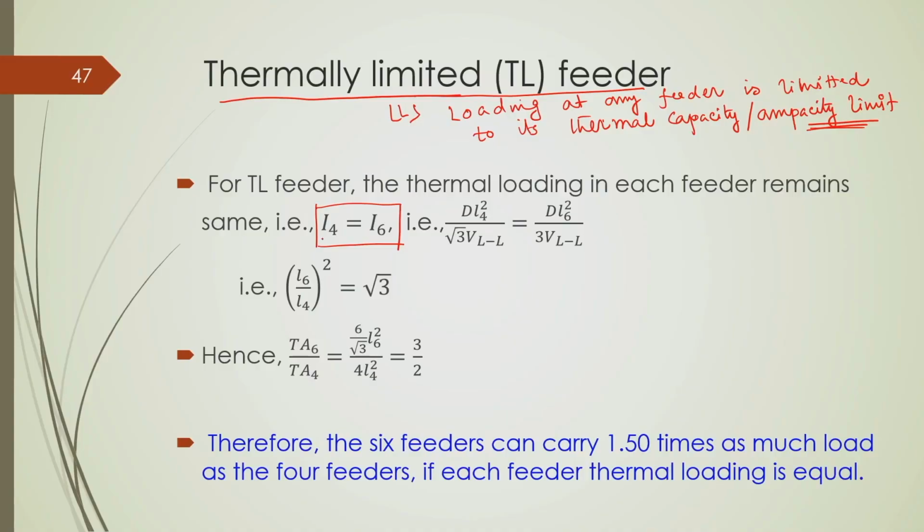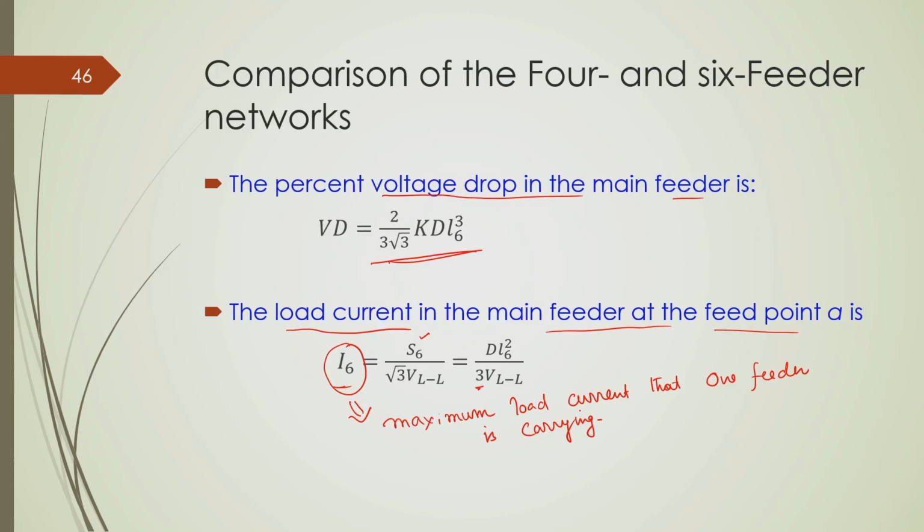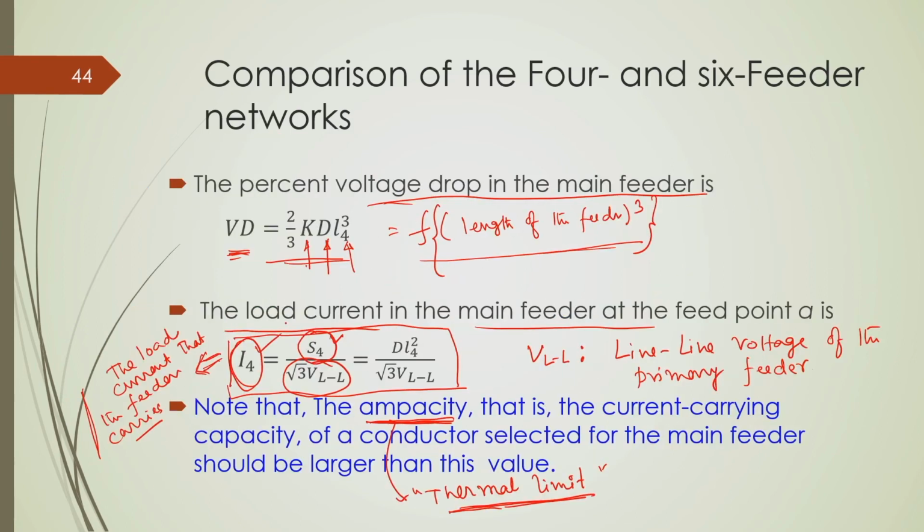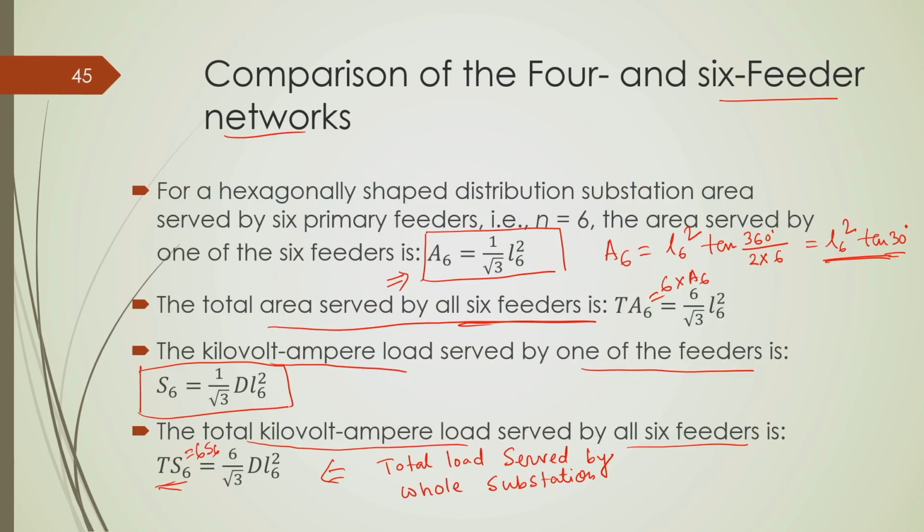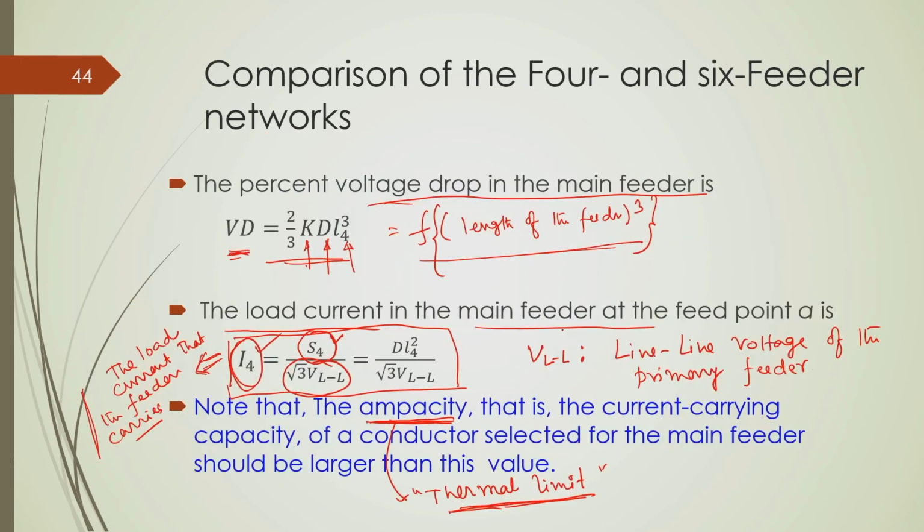So, here I 4 represents the maximum current carried by the square shape service area, and I 6 represents the maximum current carried by the hexagonal shape service area. Now, if we equate both the equations we obtained in these two examples, this I 6 and this I 4, and look at these two expressions, both are functions of L, D and voltage, where VLL and D are assumed to be the same for both cases.